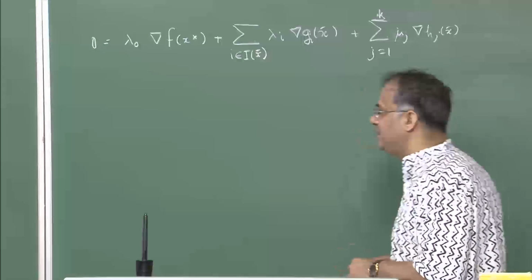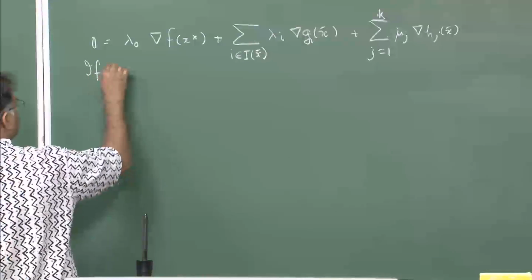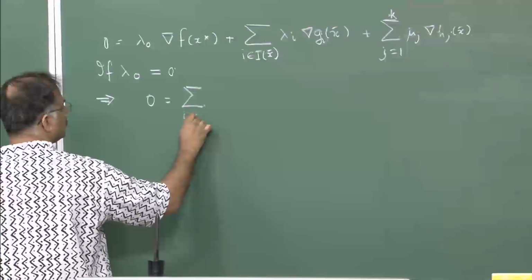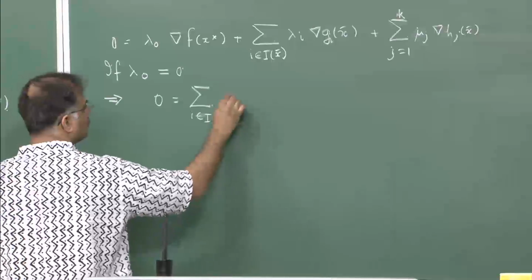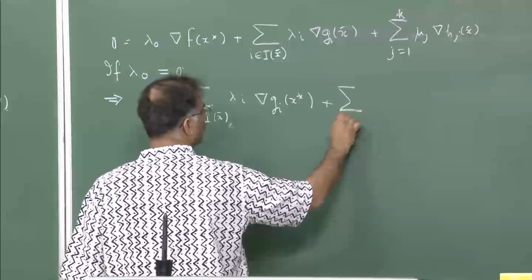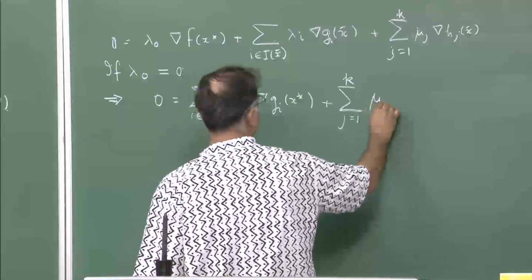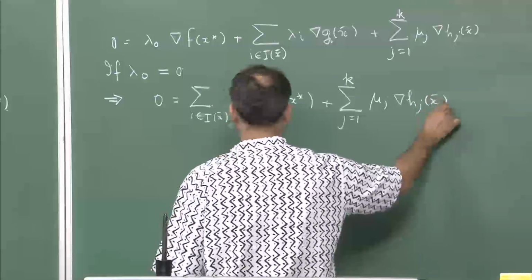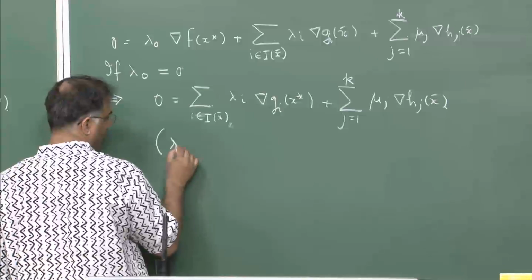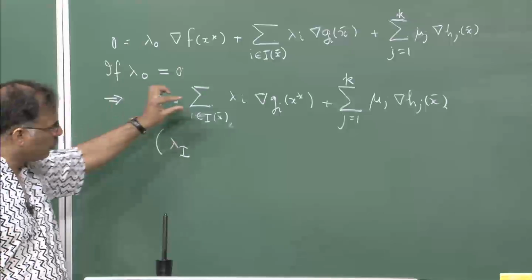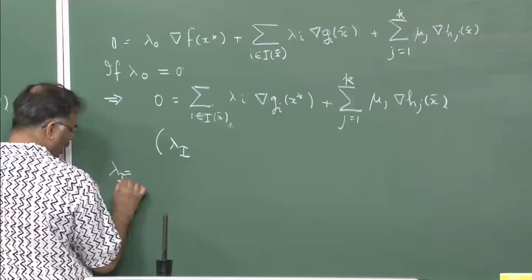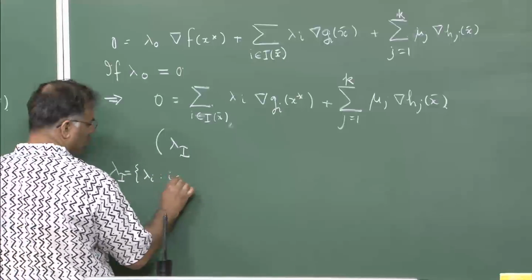Now, let us examine what would happen if lambda naught is equal to 0. If lambda naught is equal to 0, it would imply that 0 must be equal to the sum of these terms, and lambda I, which means the vector consisting of all the components of lambda corresponding to i an element of I x bar.